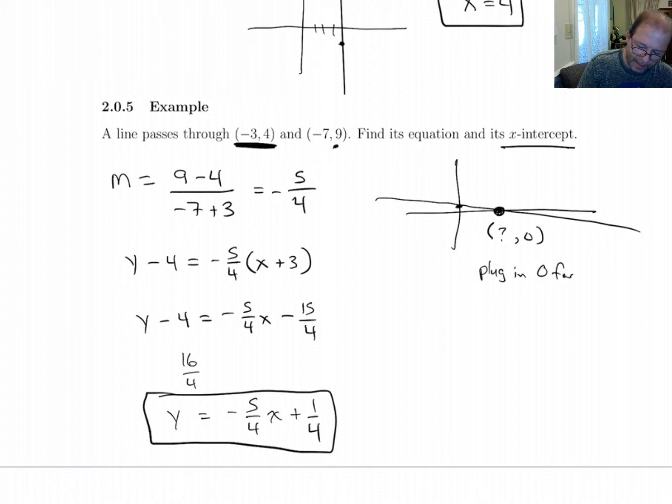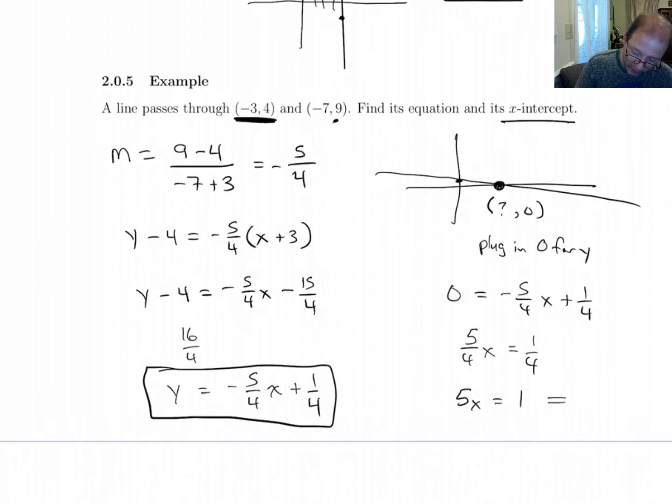So what we do is we just plug in 0 for y. So I get 0 equals -5/4 x plus 1/4. I'm going to move the 5/4 x over, so I get 5/4 x equals 1/4. And I'm going to multiply both sides by 4. 5x equals 1.